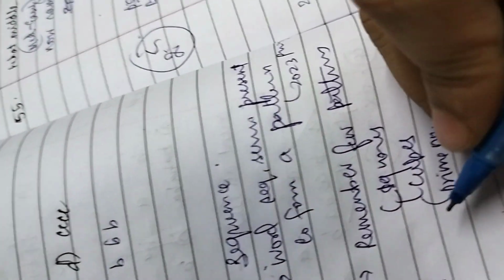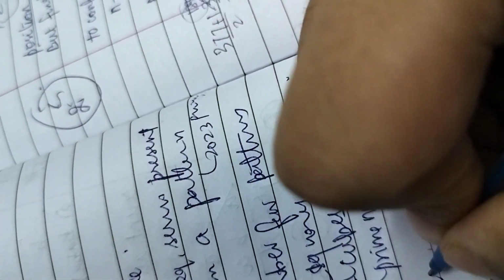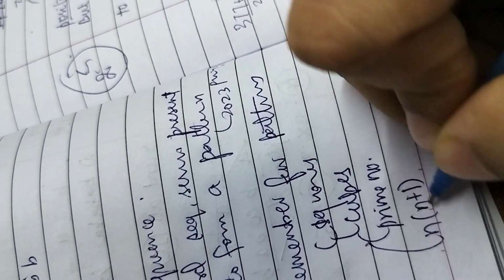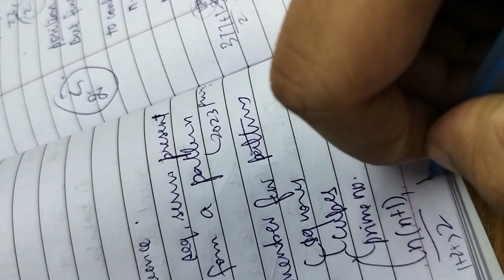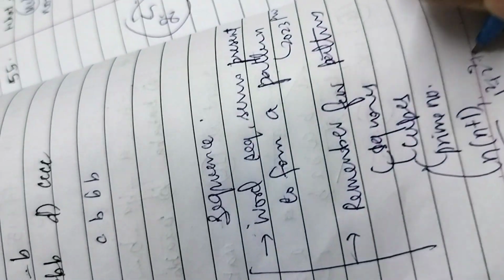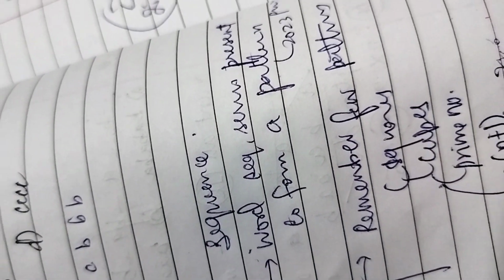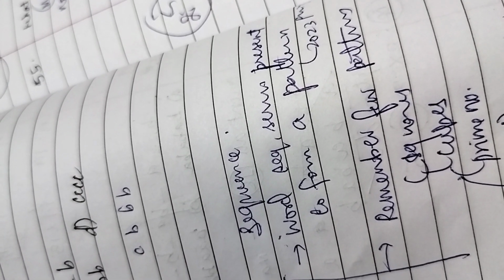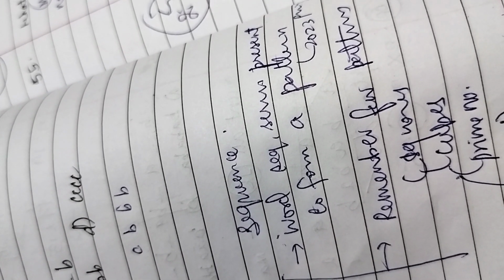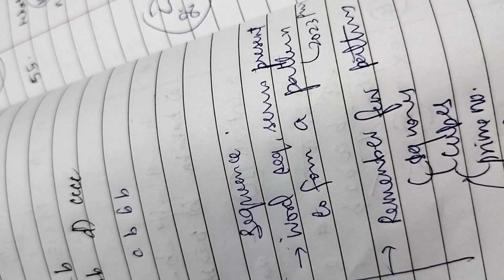Then formulas such as n into n plus 1 by 2. This is for 1 plus 2 plus 3. Then for 1 square plus 2 square plus, that formula is, wait a second, n into n plus 1 that formula.